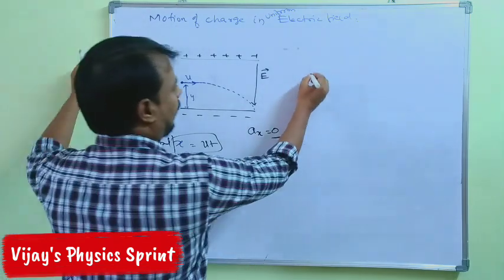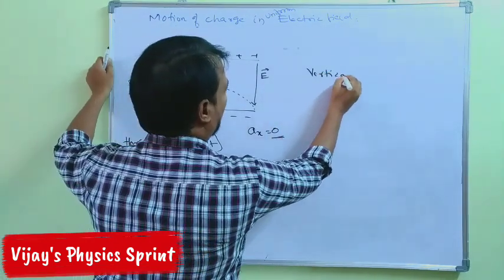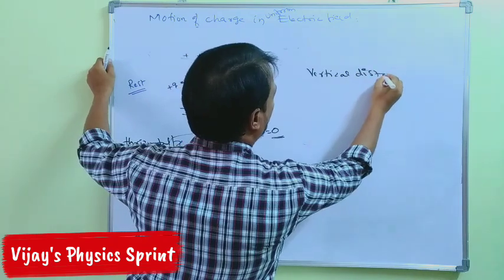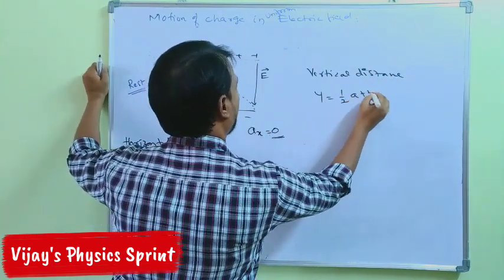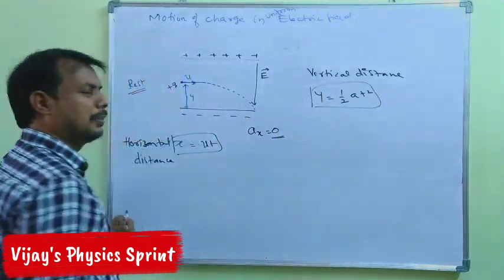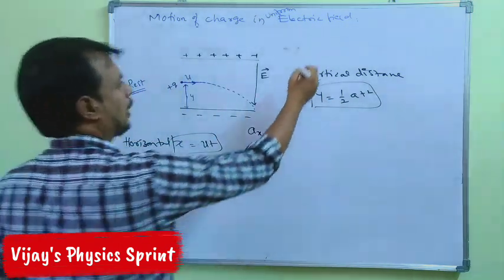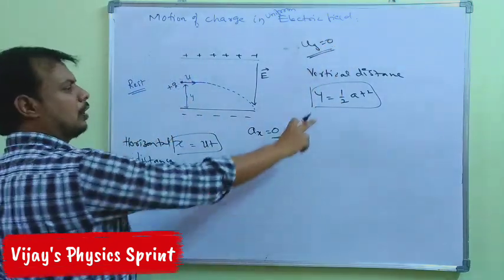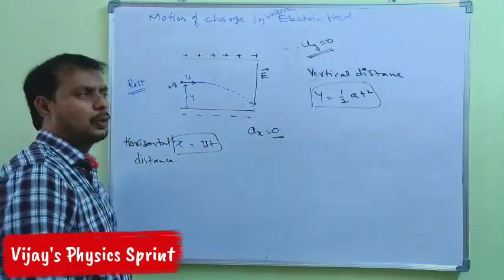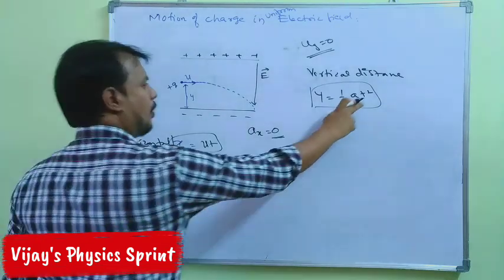Now what is the vertical distance? y is equal to ut plus half at square, but the vertical component of velocity is 0, therefore the distance becomes y is equal to half at square. But what is t here?